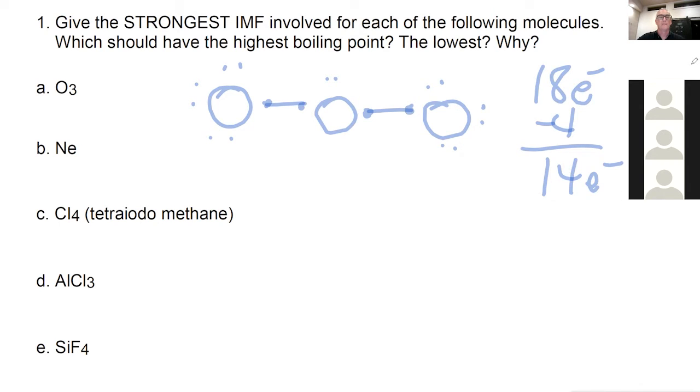Create double bonds, share a pair from each oxygen on the outside. Okay, well, let's start with moving this pair. So now how many total electrons does the middle have?